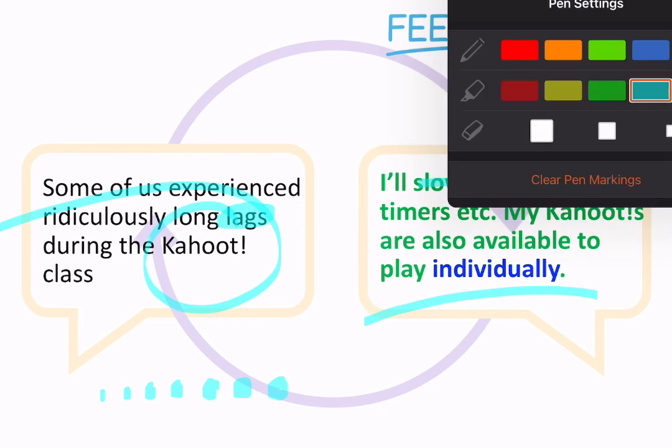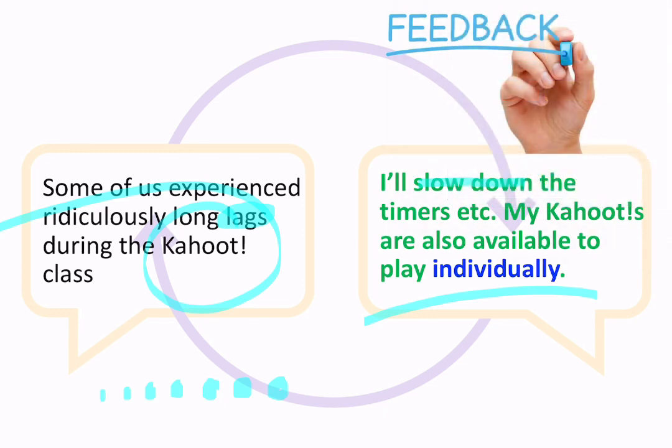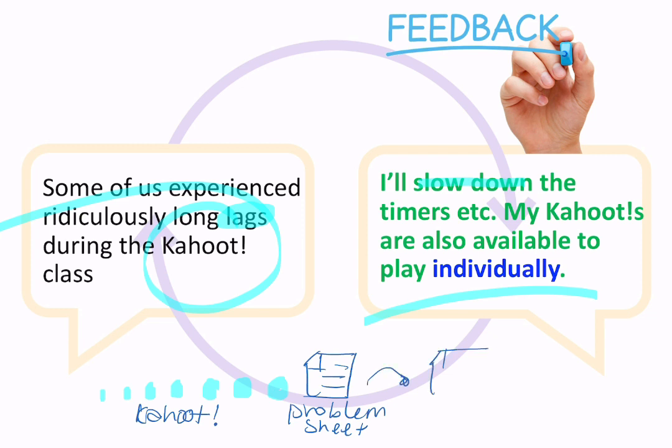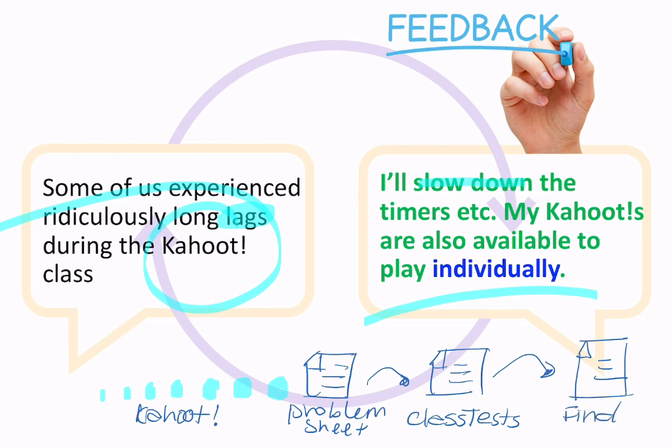So the general trajectory is we have really simple questions that we introduce at the Kahoot, and then that leads to your problem sheet questions, and then those lead on to the online tests, and those should prepare you for the final exam, or whatever form the exam will take.